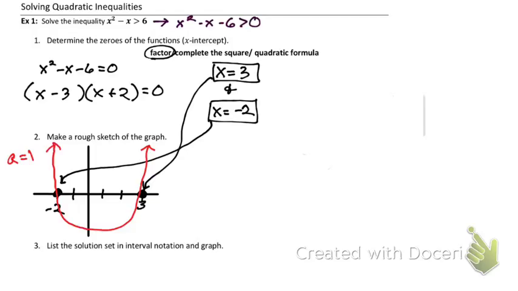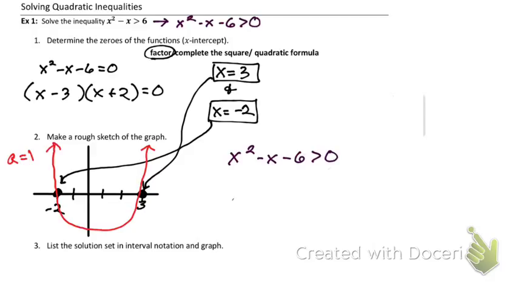So then our solution set would be using parentheses. Yeah, I do want to bring that up. So, rough draft. I don't care about the y values or anything. Remember, our end goal is to actually figure out where x squared minus x minus 6 is greater than 0.